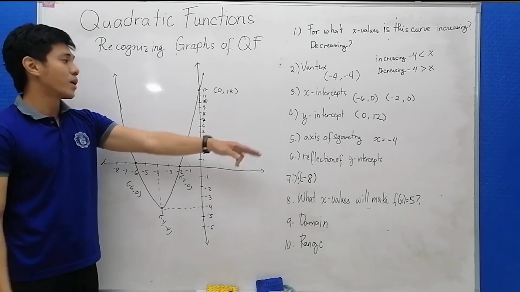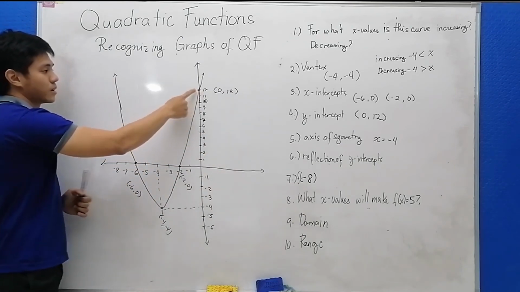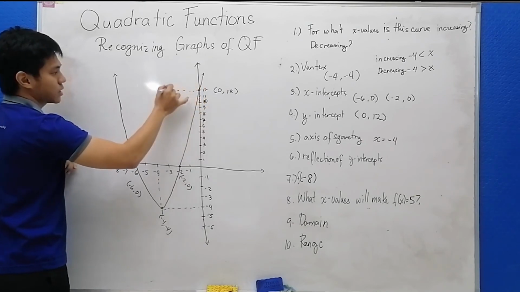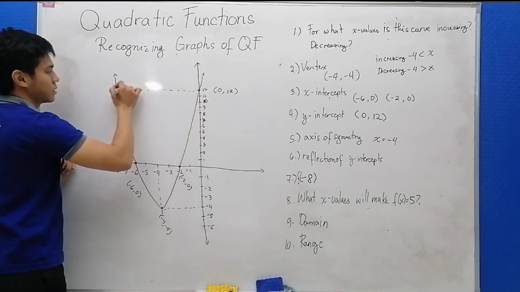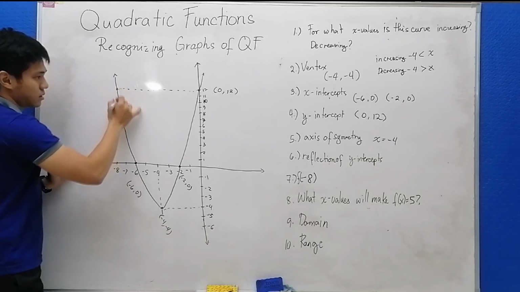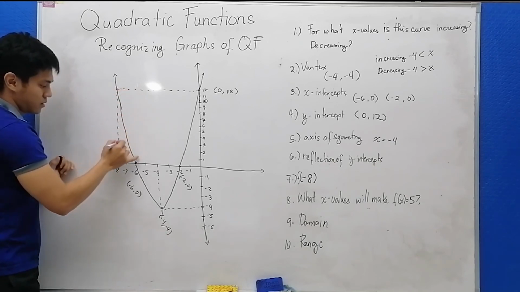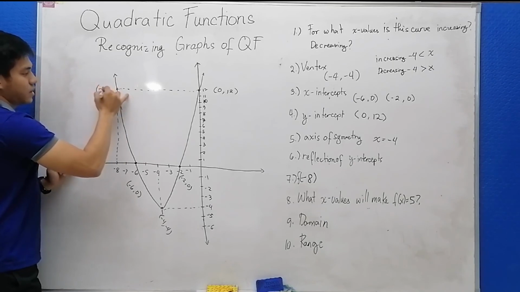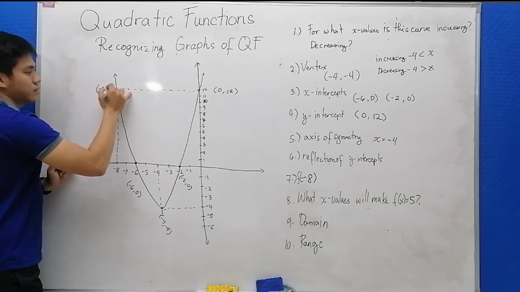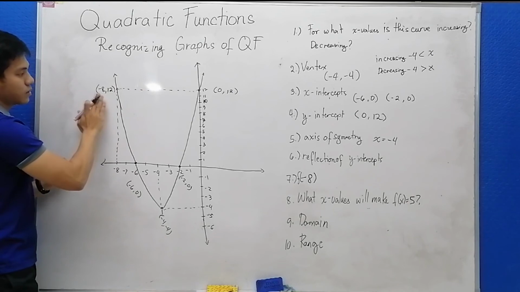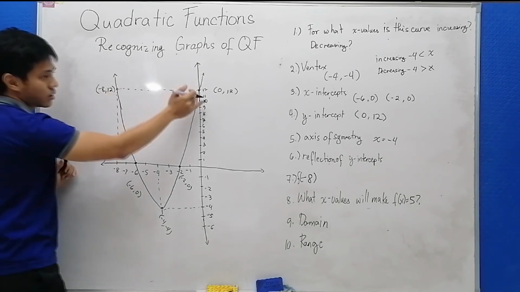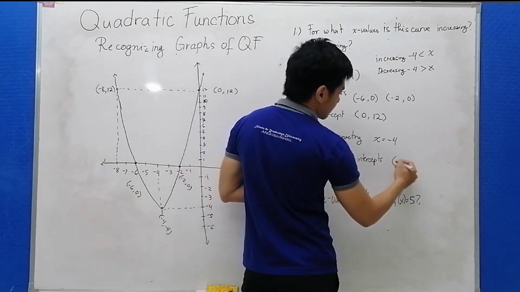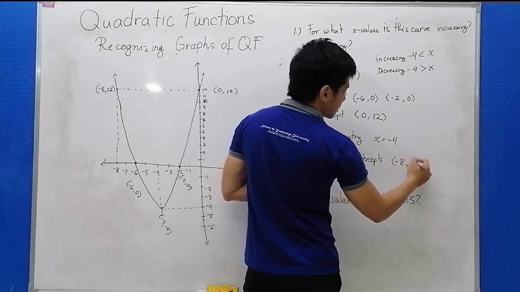For the reflection of the y-intercept, what value is the reflection on the other side? This is the right side, so this is the left side. We have the reflection at (-8, 12). That is the reflection point of the y-intercept.